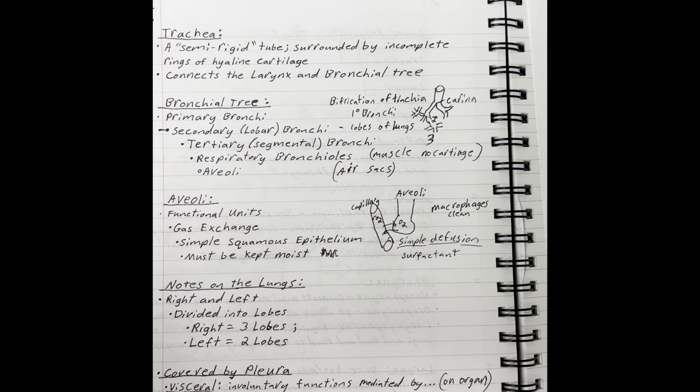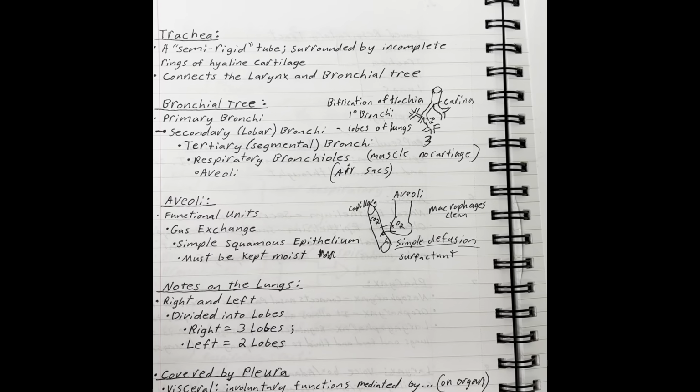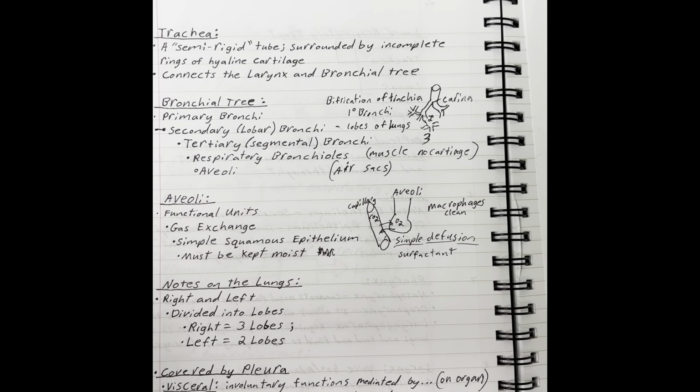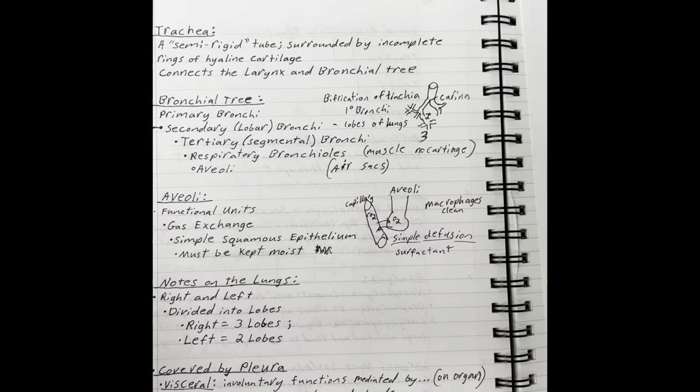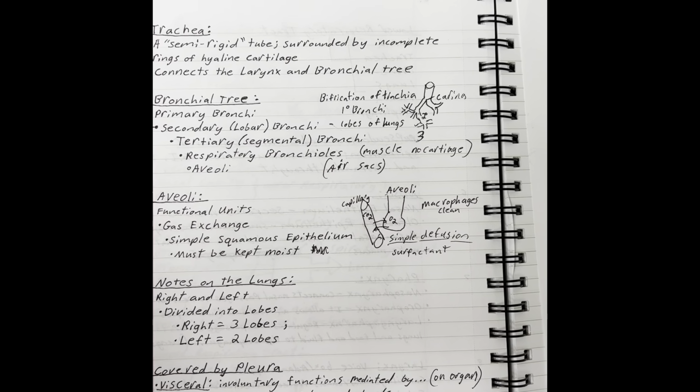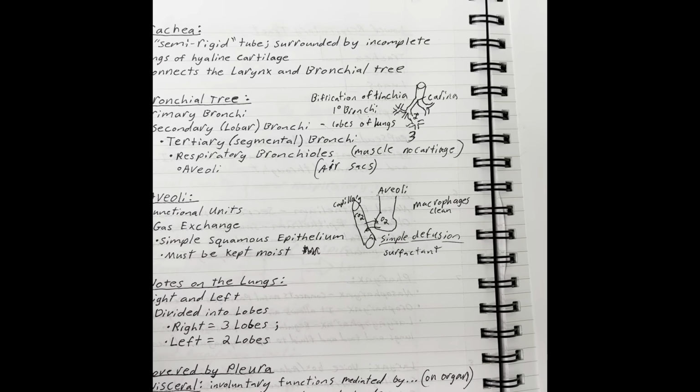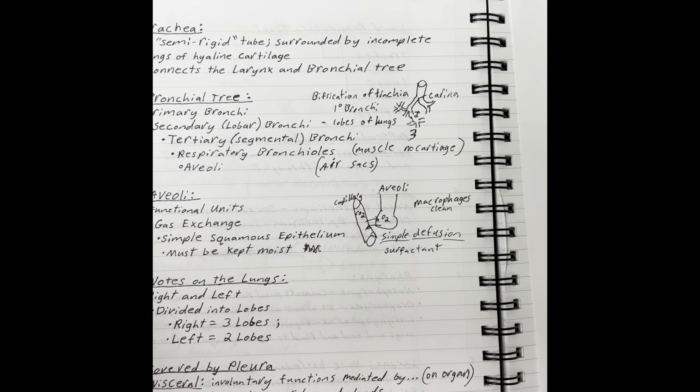Alveoli are the air sacs. They hold oxygen, and the capillaries hold carbon dioxide, and when they exchange, it's called simple diffusion.